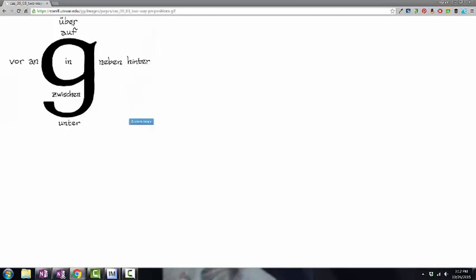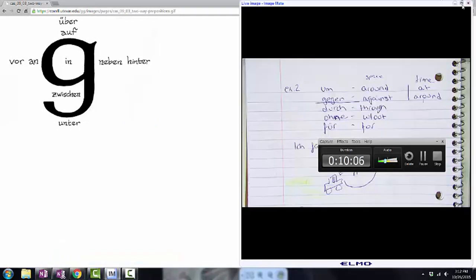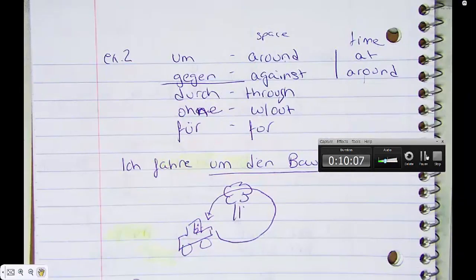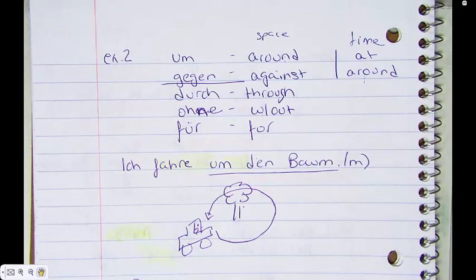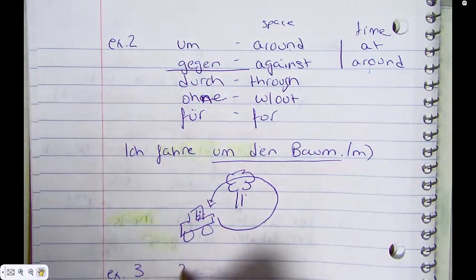That meaning over, on top of, in, between, under, next to, behind, on, here specifically a vertical surface, and in front of. So those 9. The key thing to remember when you were using those 9 was that you had to have motion.